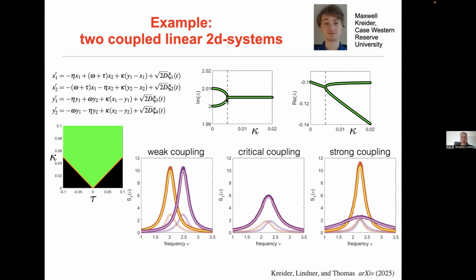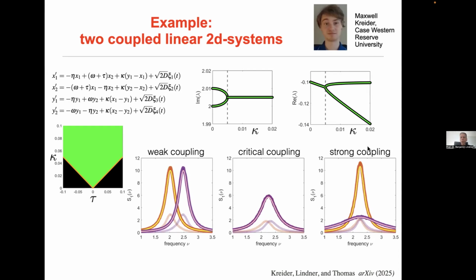This here corresponds to the critical coupling, something like that. And here you see that you have the same eigenvalue and you will also have the same eigenfunctions correspondingly. That's why the power spectra completely agree. But in the original variable, it's slightly different still. There's also a difference here in the peak frequency.